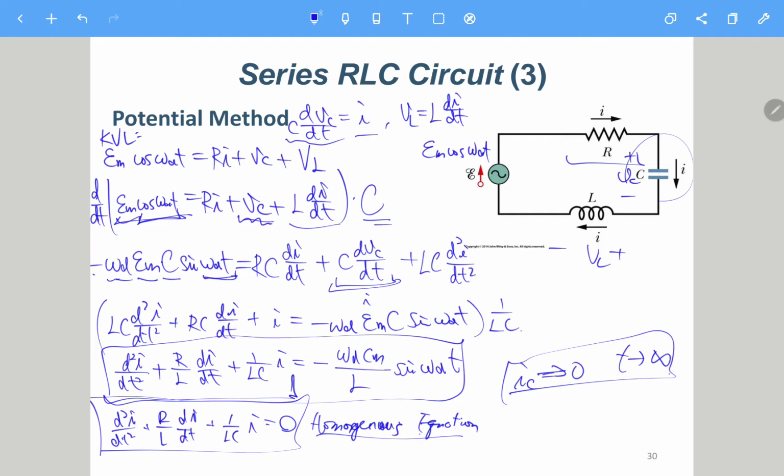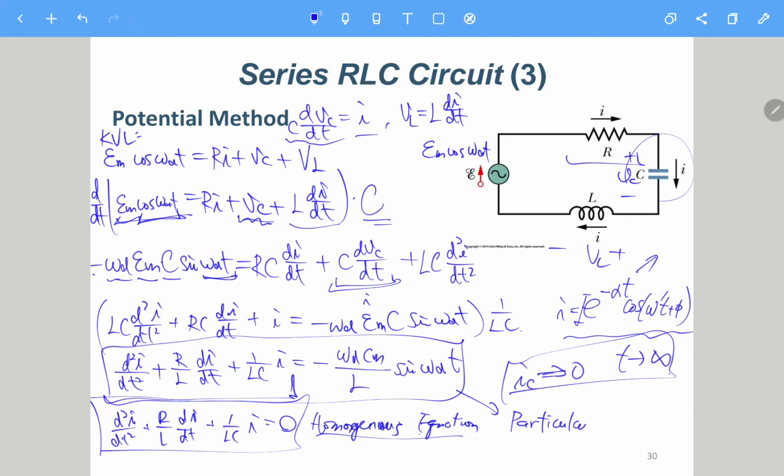As in the previous case, I is something like e to the negative alpha t, times cosine of omega_d prime t plus phi. So when t is very large, this term will vanish, and the only thing we would like to consider is the particular solution.